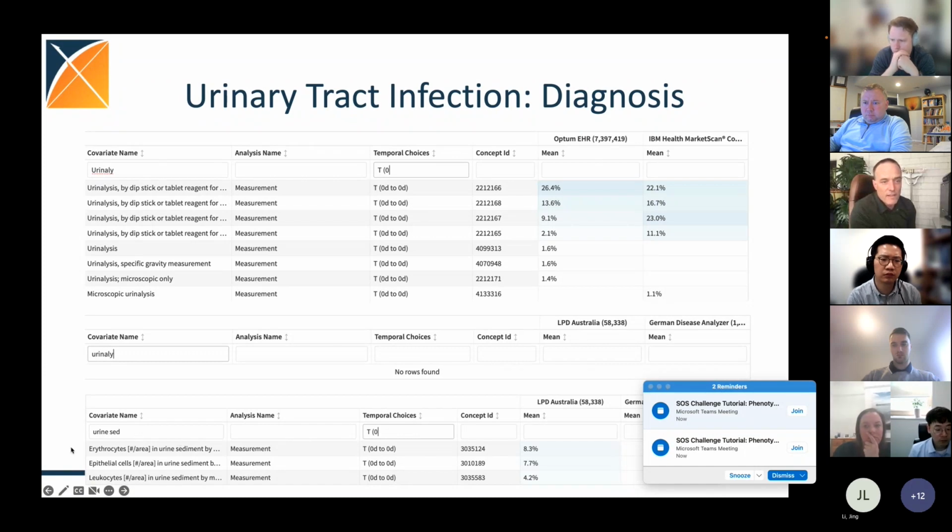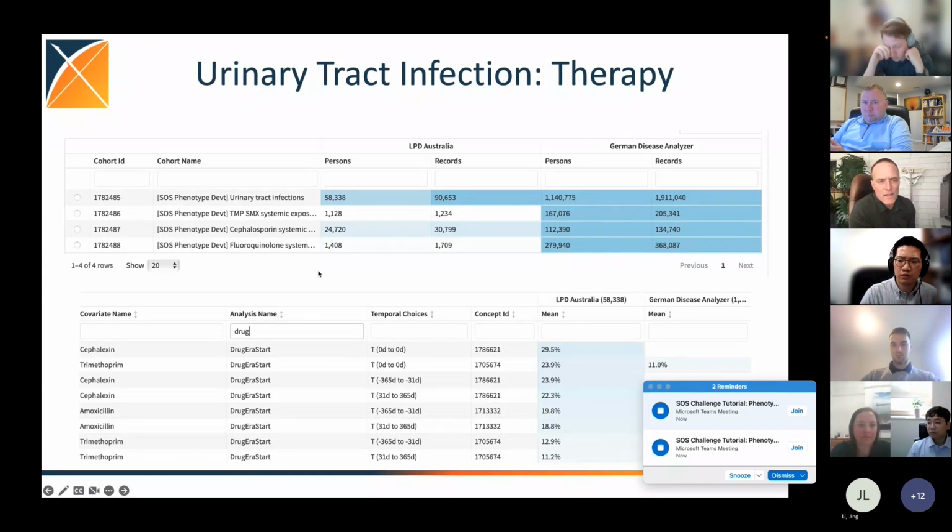But I could find evidence in another way that they were getting the same test done, although at a lower prevalence. So looking at, for example, urine sediment, I could find some results that suggested that there was a urinalysis done. It's just not quite captured in the same way. That's of some relevance to some recommendations later around what we might do for next steps in the UTI phenotype if we think they're required.